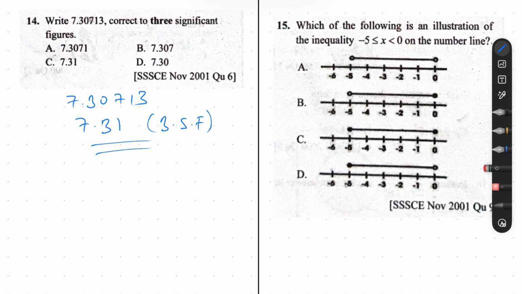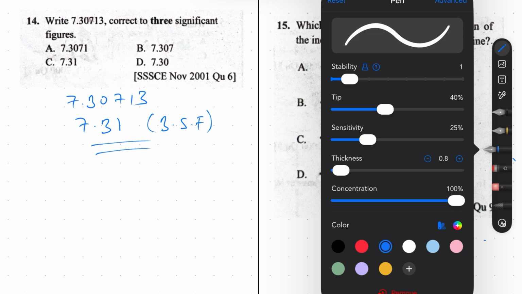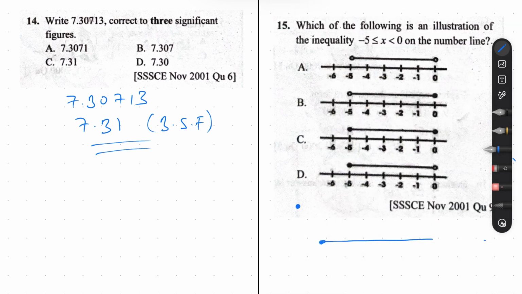Now, on the number line, how do we represent inclusive and non-inclusive? So when you have a number line like this, inclusive means you have a shaded circle. A shaded circle.